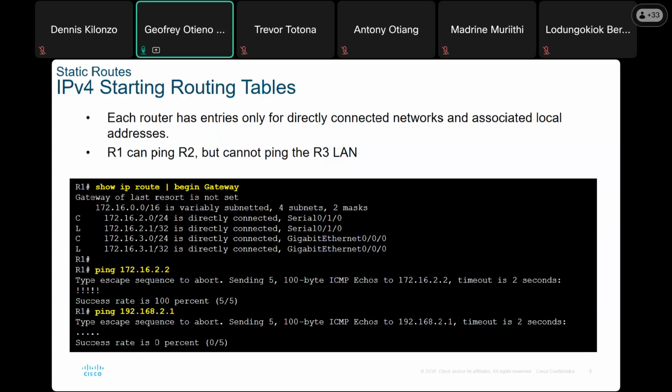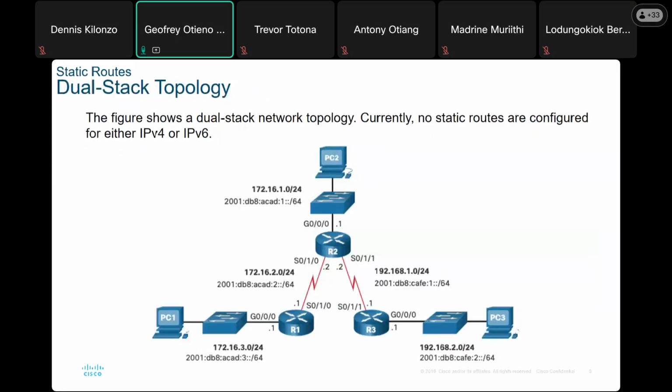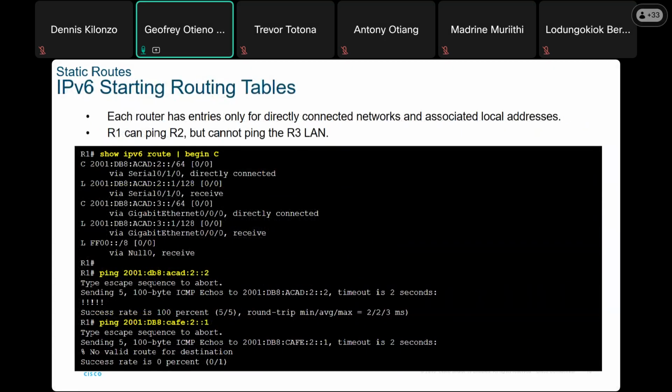So you can ping 2.2 and 2.1. While on R1, you can ping this port here, 2.2, and also 2.1, because they're directly attached. I'm directly attached to you, so I can get you, you can get me. For the case of IPv6, it's just the same thing.